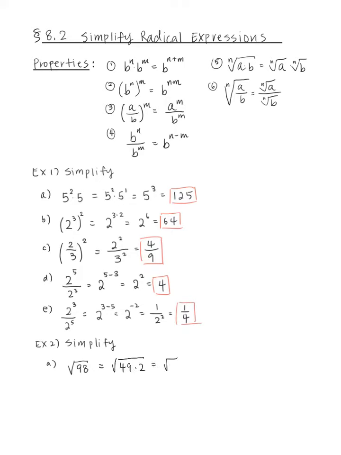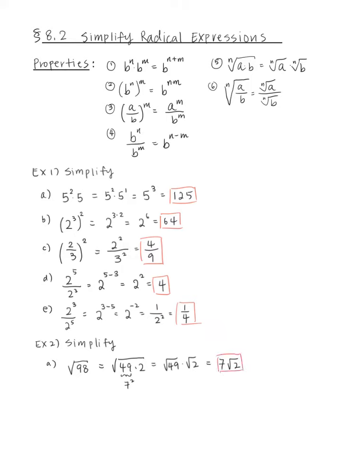So here you're going to have the square root of 49 times the square root of 2. Remember, 49 is the same thing as 7 squared. So we say that 49 is a perfect square. So this is the same thing as 7 times the square root of 2, and that's going to be the answer.